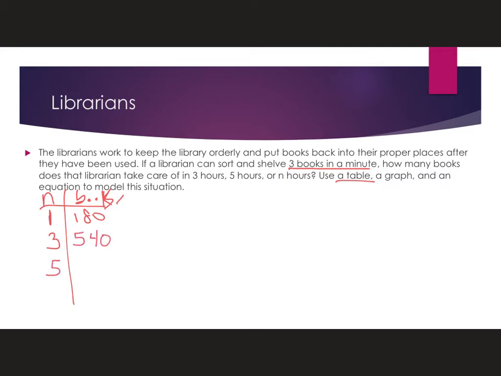In 5 hours, she could do 900. So then how many can she do in n hours? Well, each hour she does 180 books. So the number of books equals 180 times n. There's our equation.